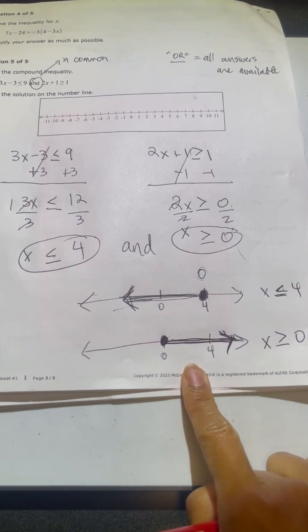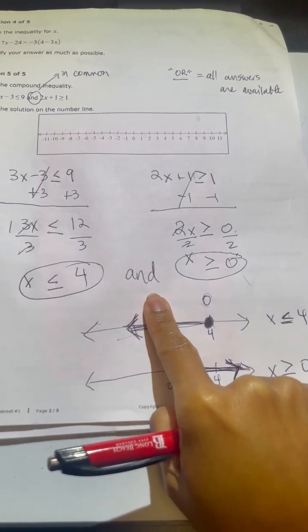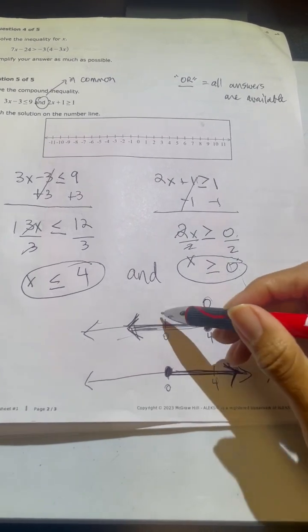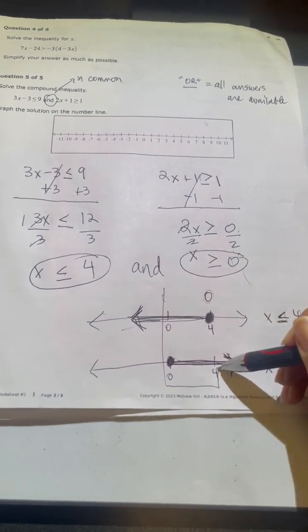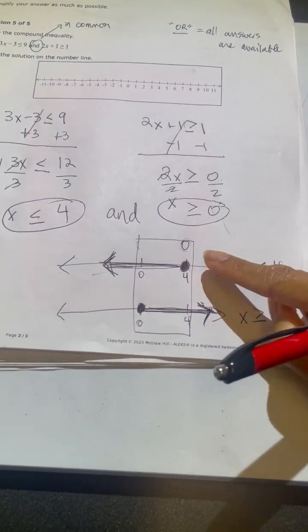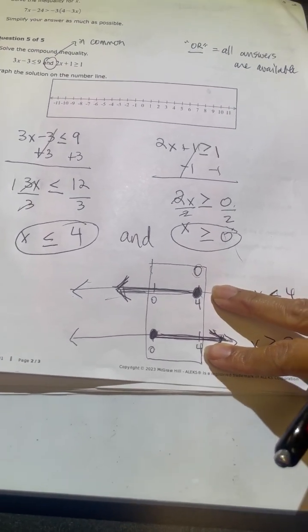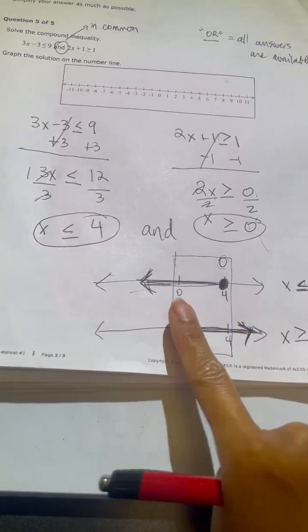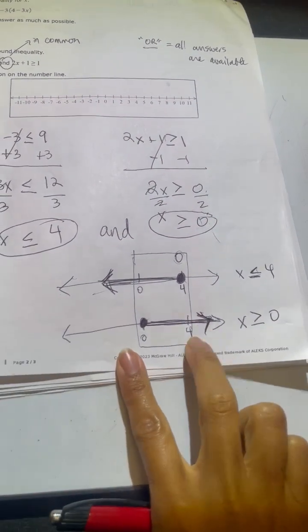So here, I want to find the and. What do they both have in common? Everything between these two, where they overlap, right? That's the reason why I draw two graphs, because the and is where they overlap. They overlap between 0 and 4.